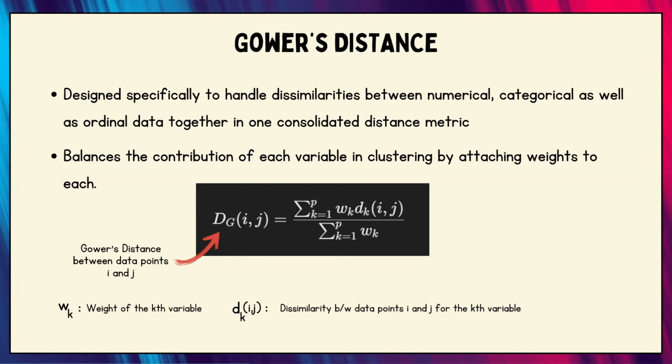So Gower's distance also balances the contribution of each variable by attaching weights to each. So we also have a wiggle room for customizing the distance metric if we want to lay more emphasis on a particular column. So even if you didn't get this mathematical thing which I showed here, in the next slides we are going to cover the practical use case where you can understand it in a better way.